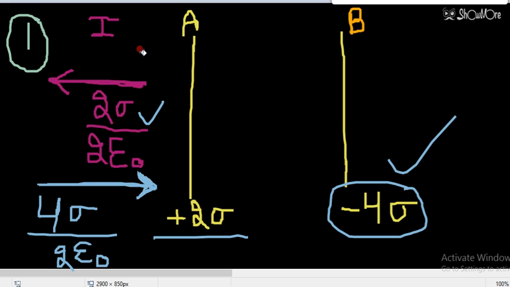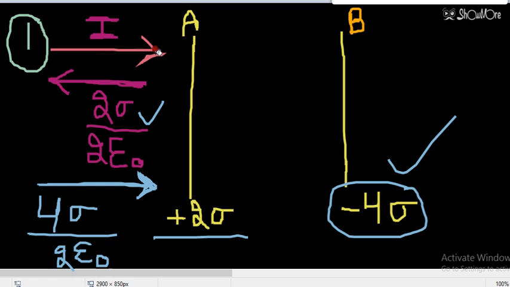Now these are the two vectors in the region 1. These are the two vectors having opposite directions, means they are anti-parallel. So now we have to find the resultant electric field. The resultant electric field will be along the right direction, because the greater vector is along the right direction.